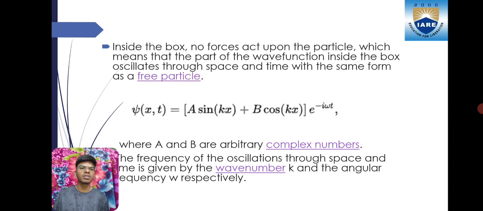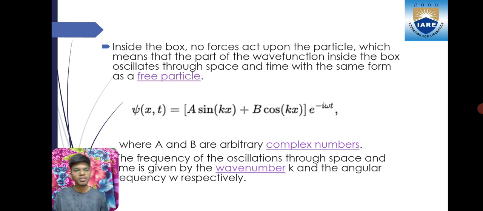Inside the box, no forces act upon the particle, which means that the part of the wave function inside the box oscillates through space and time with the same form as a free particle: psi(x,t) = (A sin(kx) + B cos(kx)) e^(−iωt), where A and B are arbitrary complex numbers.